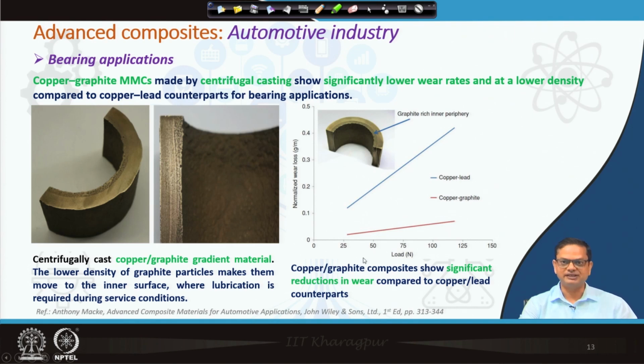Okay. And also you can see the slope, so if you compare these two slopes, with increasing load the slope does not increase that much, that means the rate of wear also is less when you are using this kind of copper graphite systems, copper graphite bearings.